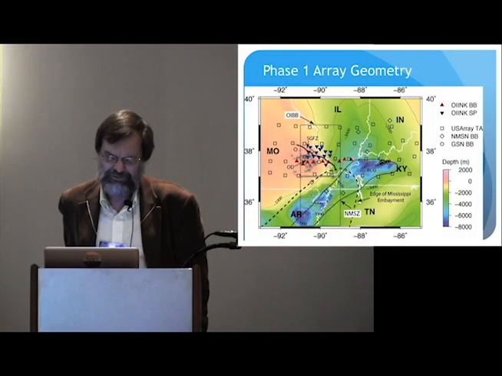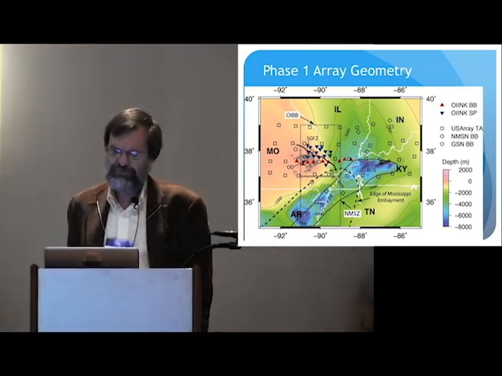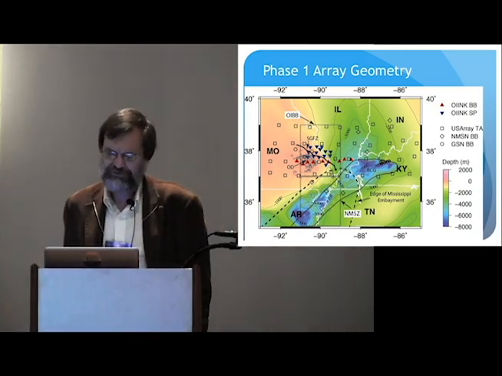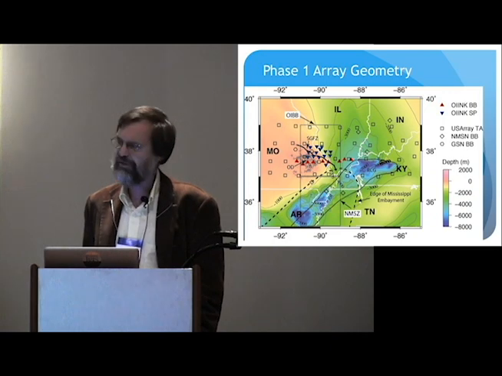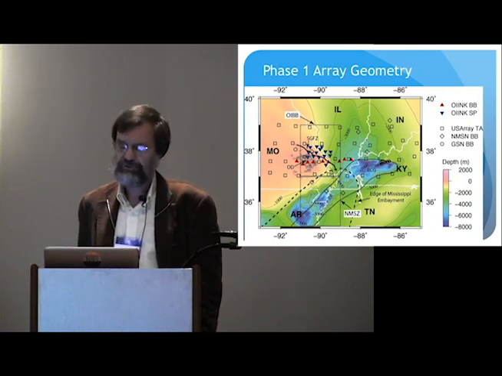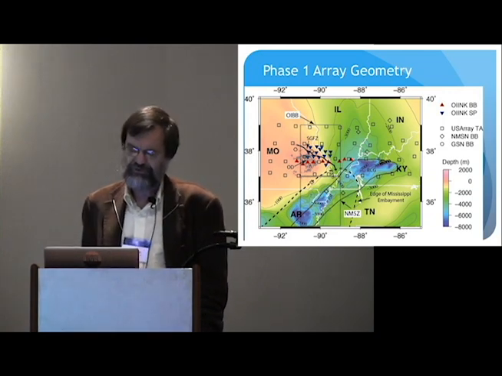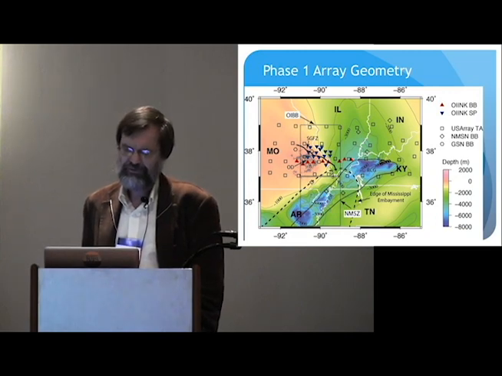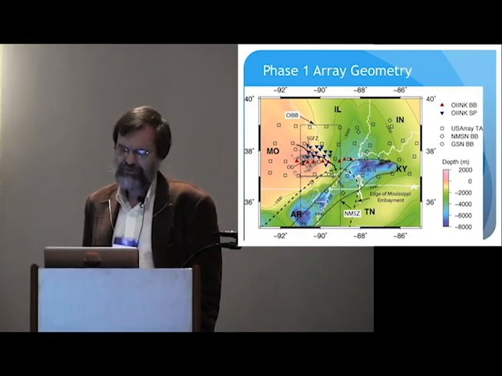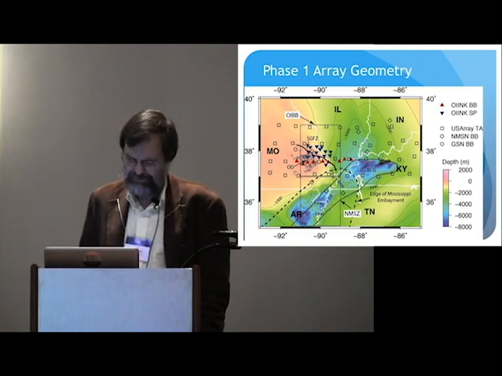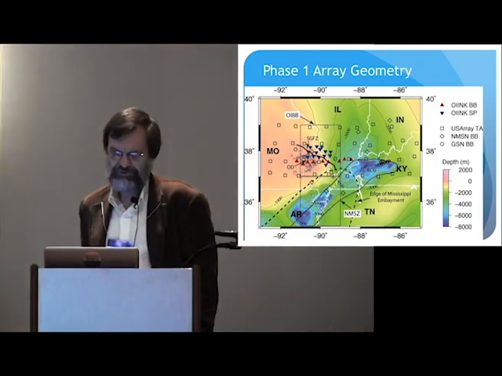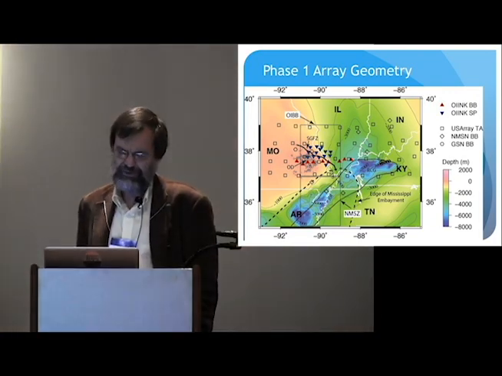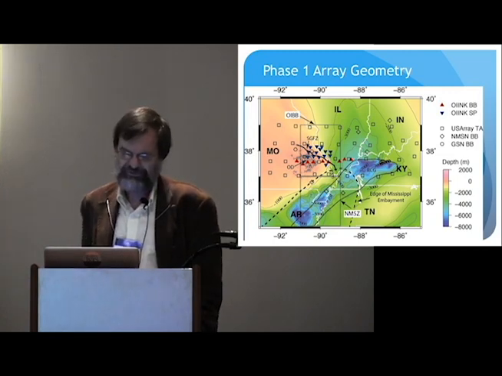The experiment has been done in what we're calling three phases. The first part, we started out over a year ago, almost two years ago, with mostly short period instruments and nine broadband instruments that Purdue had, shown in this geometry, concentrated along the Ozark-Illinois boundary region of the basin.